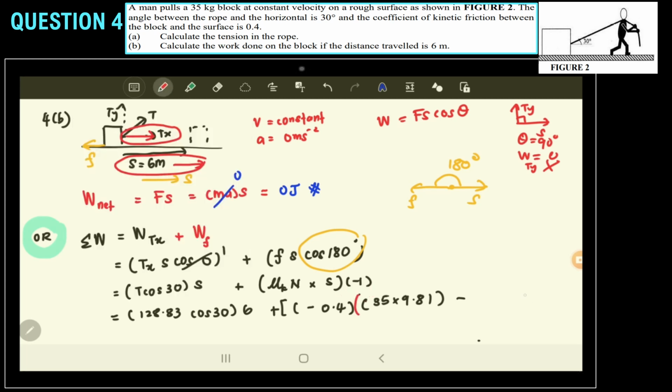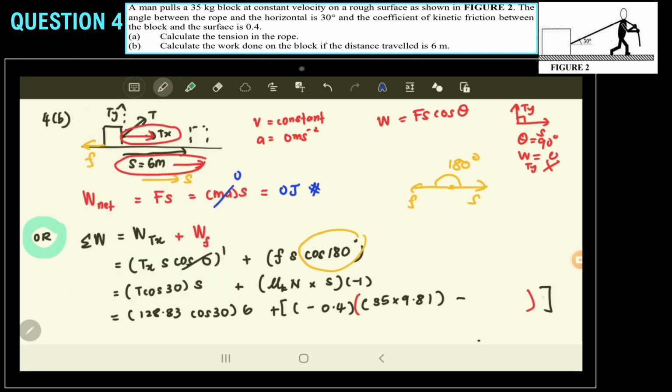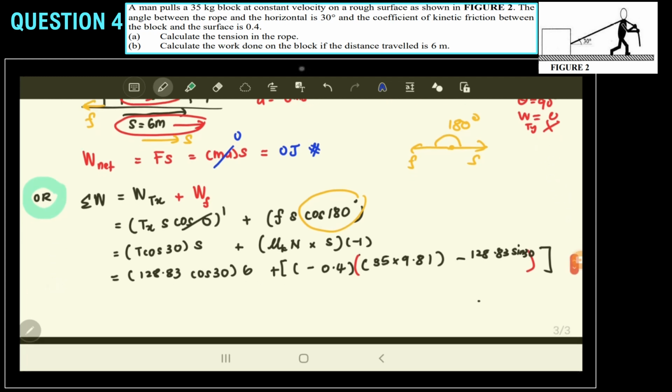Okay, macam tu. Saya terus substitute, awak tulis satu-satu. 35 times 9.81 mg minus T sin 30. So T sin 30 is 128.83 sin 30. Okay, awak kira. Okay, nanti akan dapat total this value.